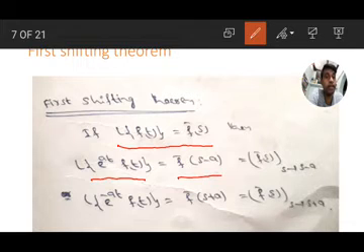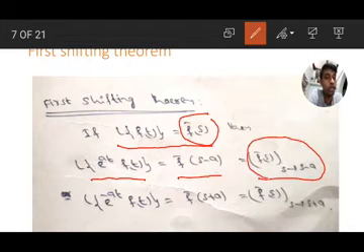F bar of s minus a means in f bar of s, in place of s, we need to write s minus a. That is, f bar of s where s is replaced by s minus a.